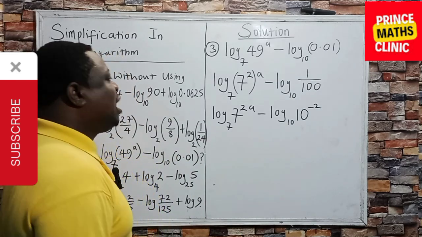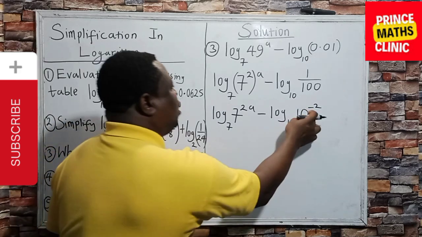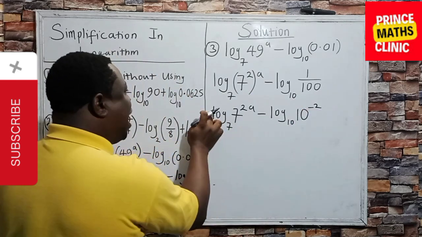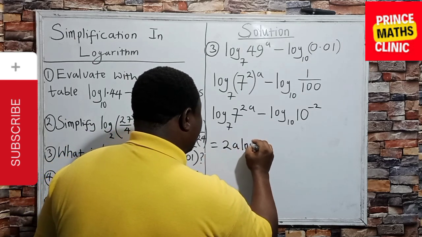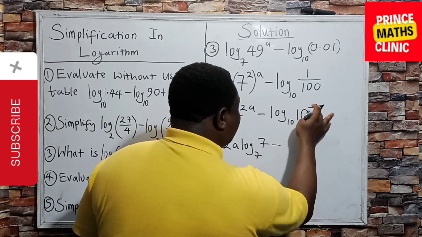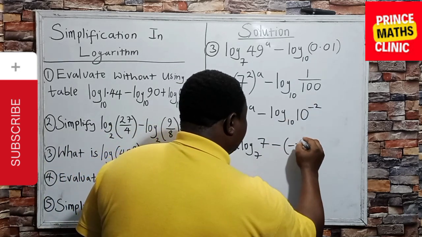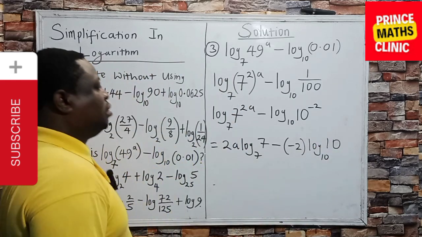Therefore, you can see clearly that the log is carrying a power here. The log is carrying a power. So the power multiplies each of these logs. So this will now become 2a log 7 base 7 minus, then this is minus 2 log 10 base 10.